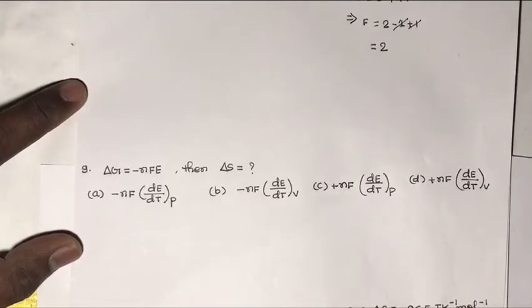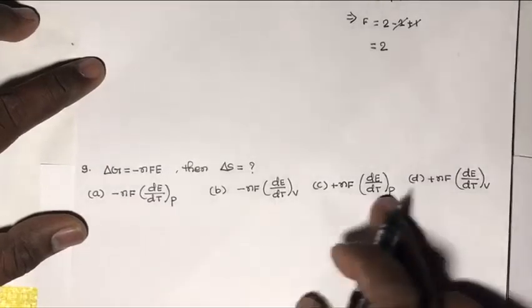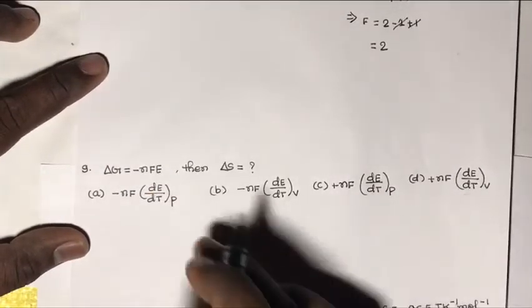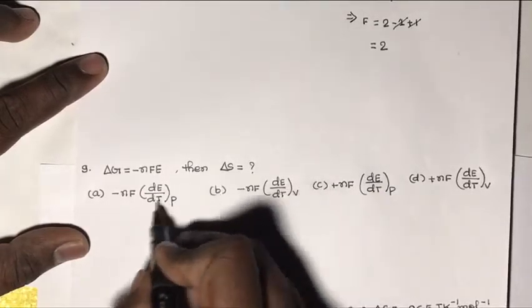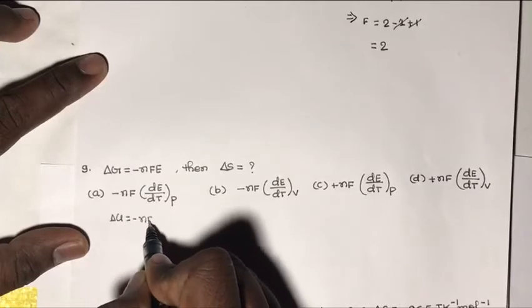Coming to problem 9. Delta G equal to minus NFE, that is the EMF of the cell. Then we have to calculate the value of delta S. Which of the following expressions will be correct for delta S? Now we know that here it is given that delta G equal to minus NFE.